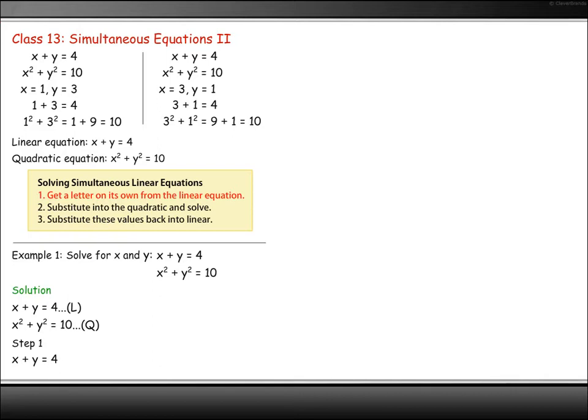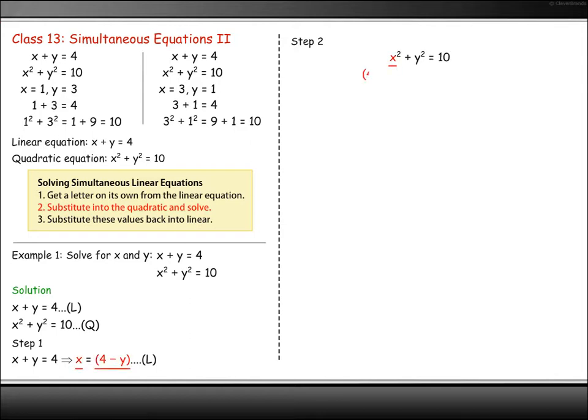Get x on its own in the linear. Step 2. Replace x in the quadratic by 4 minus y. Four minus y all squared is 4 minus y multiplied by itself.